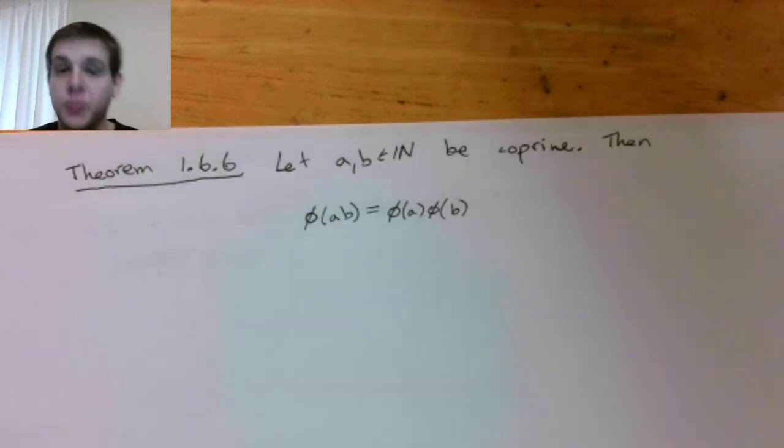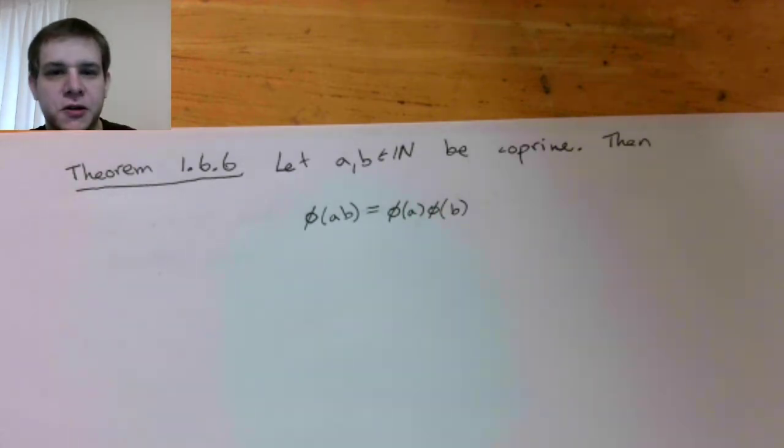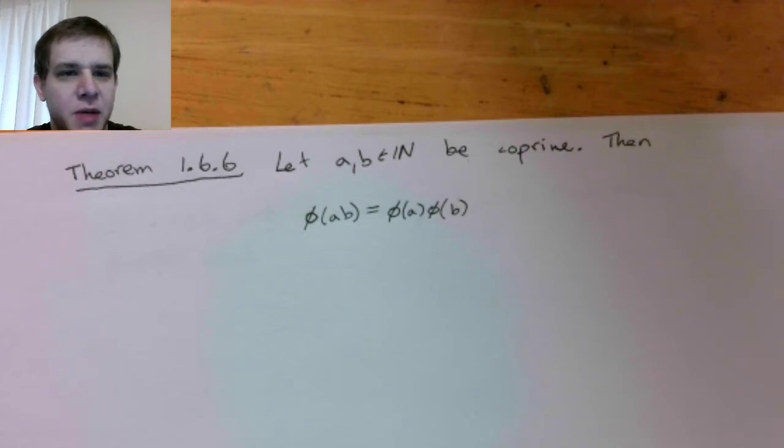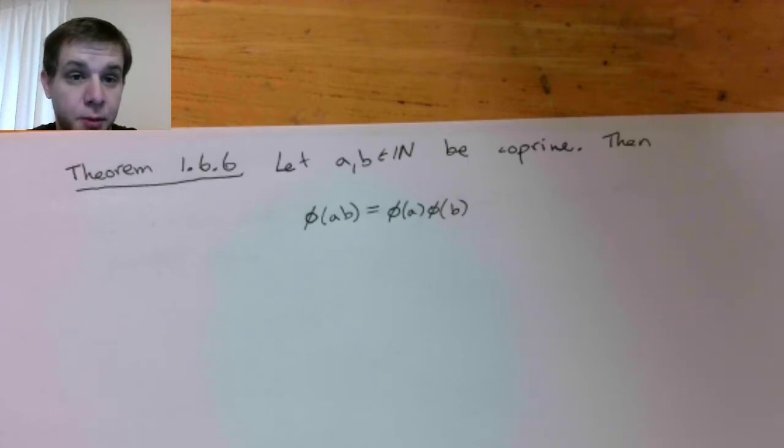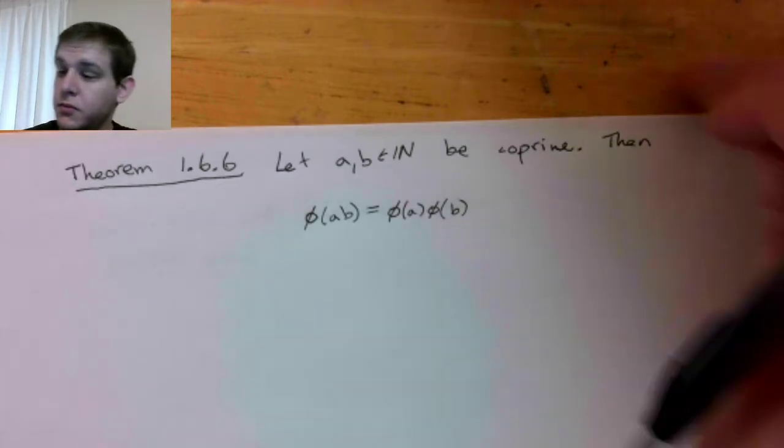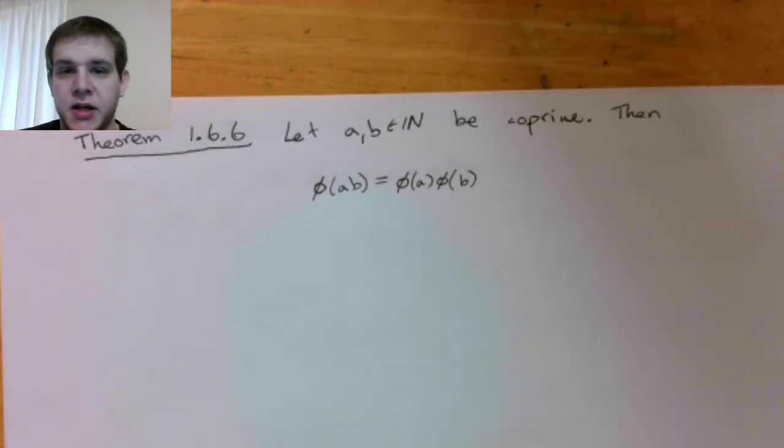So if I take two coprime numbers, then the Euler function of a times b, their product, you just multiply the Euler functions of a and b. And the proof actually uses a lot of ideas from chapter 2. So let's see how those come up.